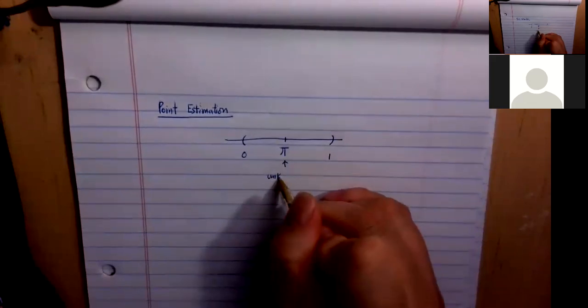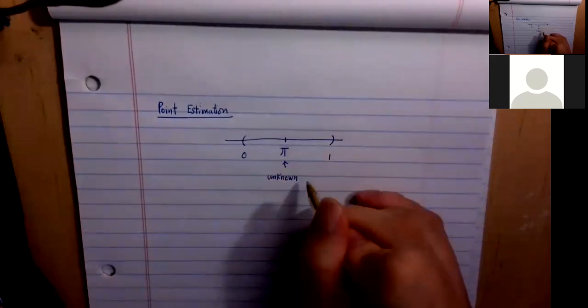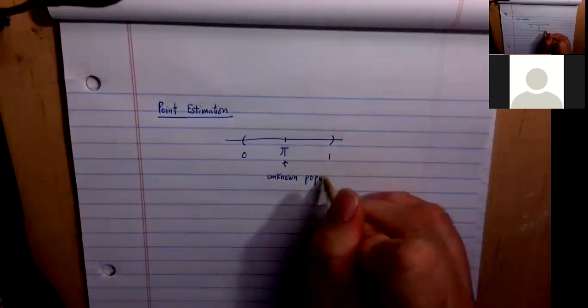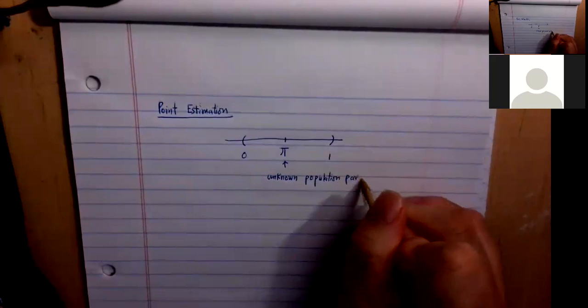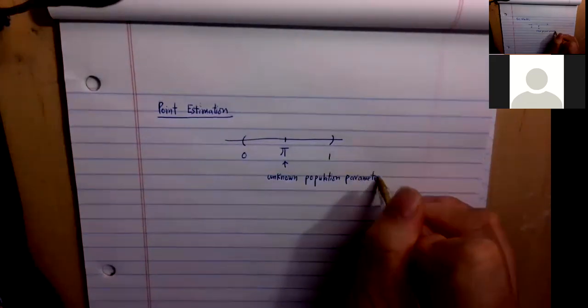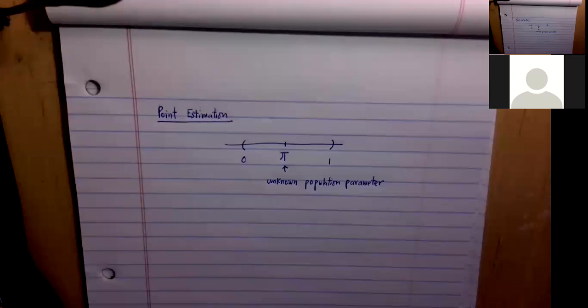This is 0, this is 1. Pi is the unknown population parameter we want to estimate. And our estimator is x bar. This is the sample percentage.